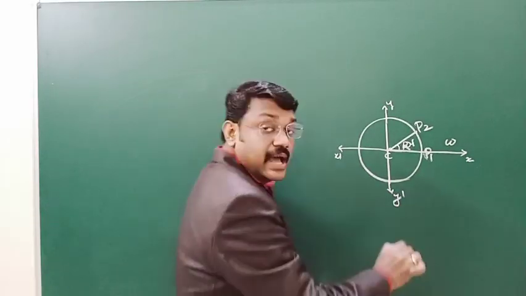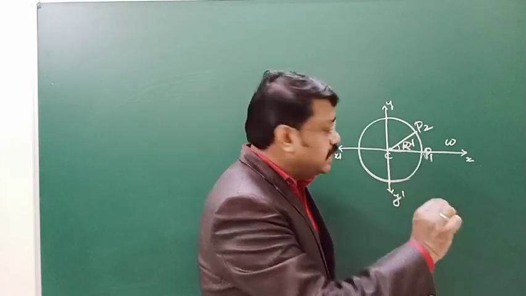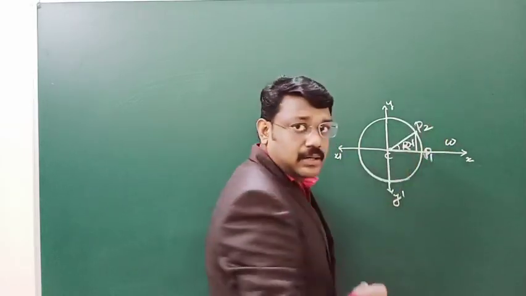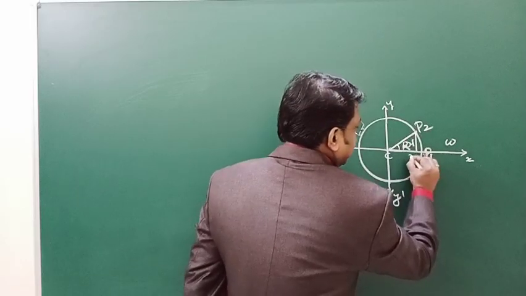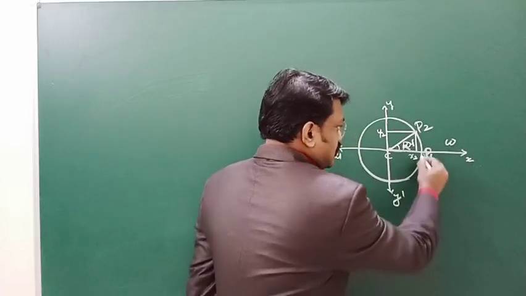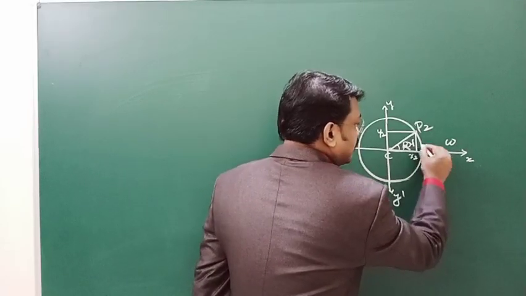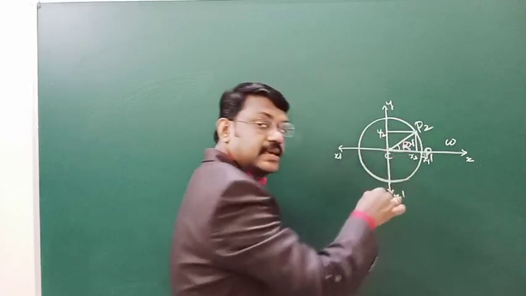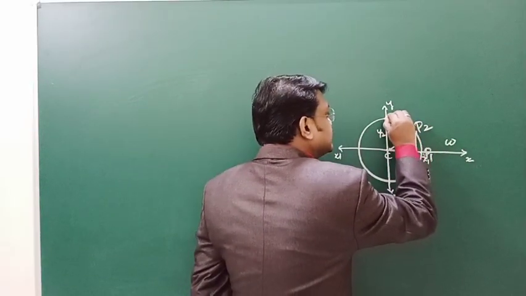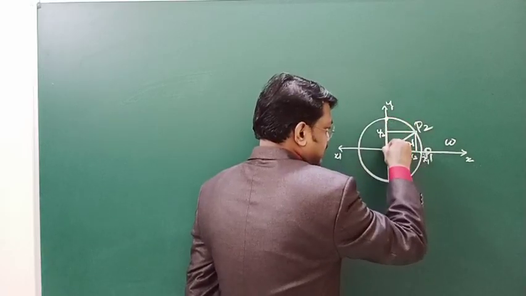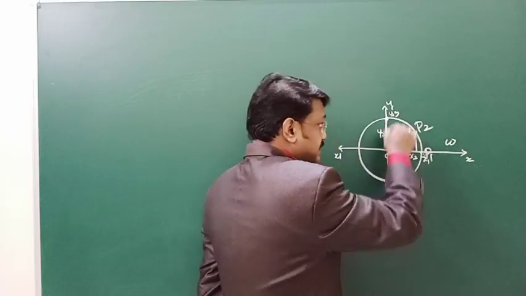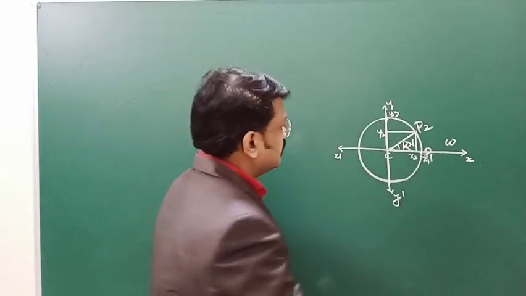At any instant, you can have the coordinates of the position of the particle. This is x2 and this is y2. For the first one, this is x1, and y1 should be 0 because it is on the x-axis. When the particle is here, this is the point y3, and x3 is equal to 0 since it is along the y-axis.